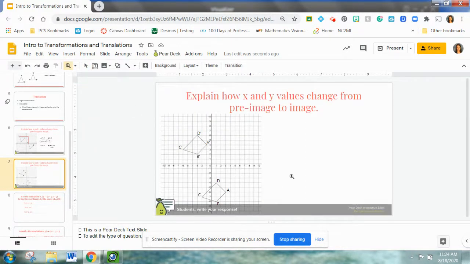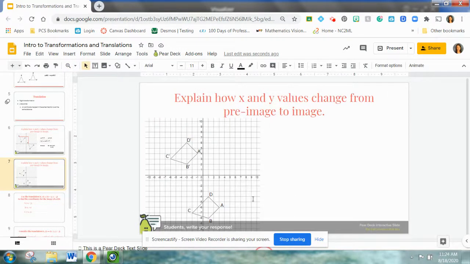I'm going to put this back into the screen. Can you write the rule that translates A, B, C, D to A prime, B prime, C prime, D prime? Pause your video. Try to write the rule yourself with X, Y, the arrow, and then what you have to do to X and Y.